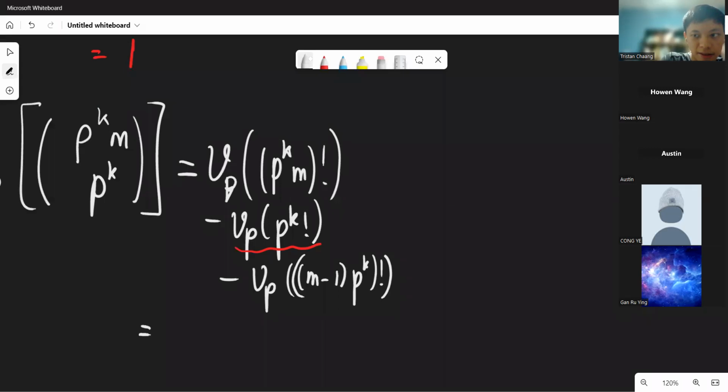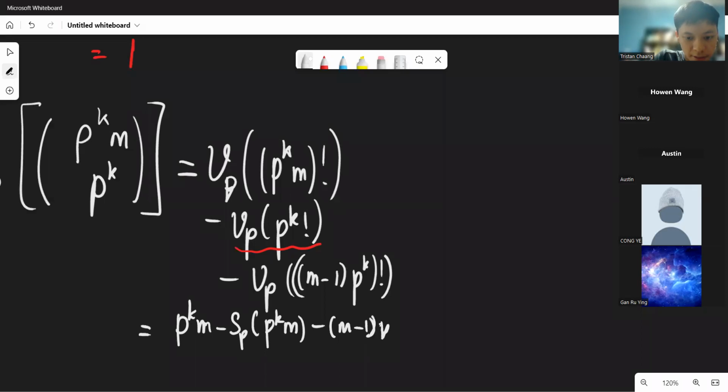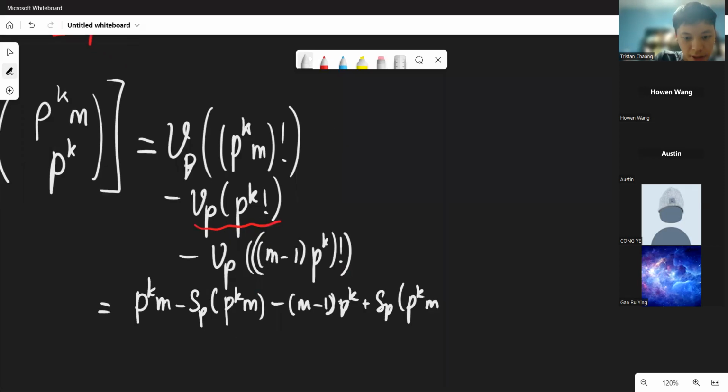In fact, let's just write down everything: p to the k m minus S_p of p to the k m, minus p to the k minus 1... plus S_p of p to the k times m minus 1, and then over p minus 1.